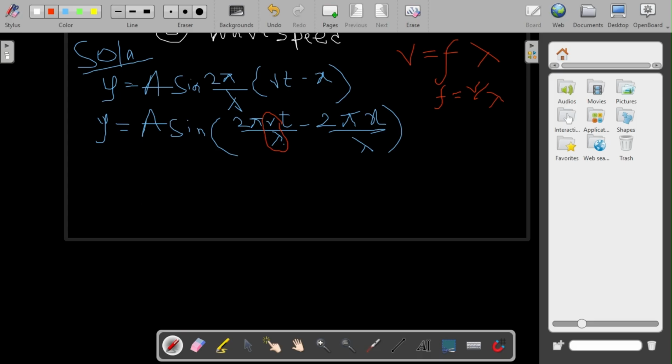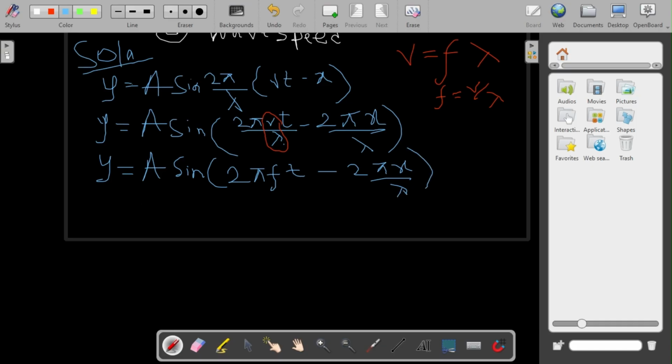That gives me y equals a sine (2 pi f t minus 2 pi x over lambda).